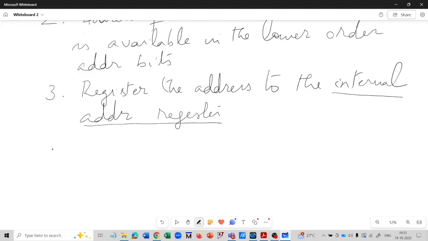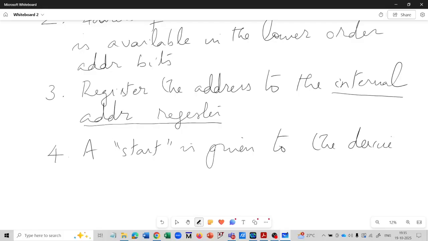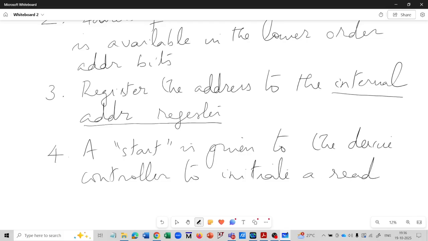Then what happens? A start is given to the device controller to initiate a read on the memory side.